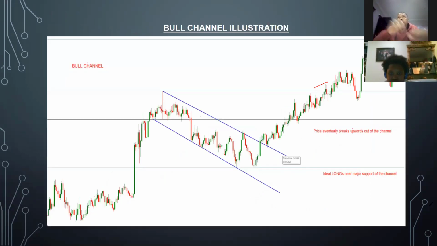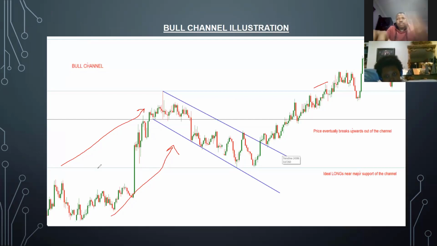Right. So we've got, I can't remember which chart is this one now, but this should have been, this is gold. Yeah, this is gold. No, this is not gold. This is USD CAD, sorry. So price has been moving to the upside. Momentum is bullish, right? You can clearly see from the lower right of the chart going upwards.